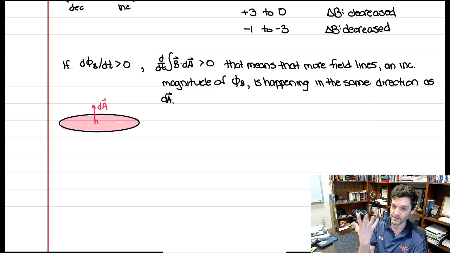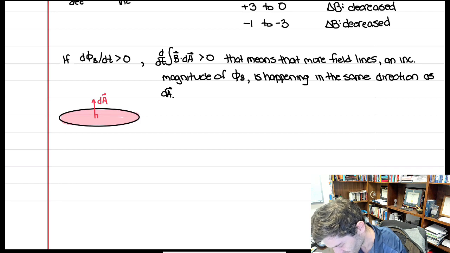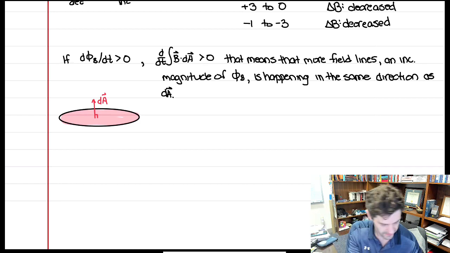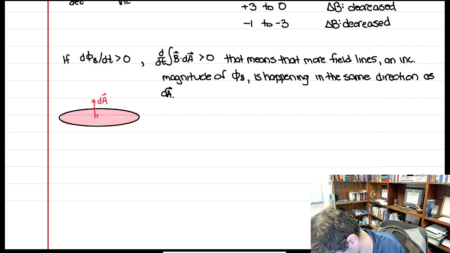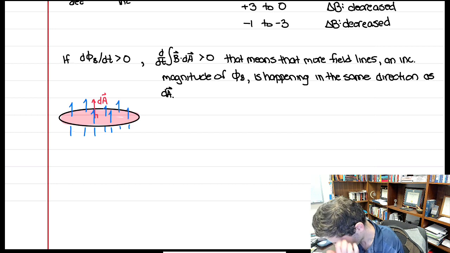I'm making a choice that it's going to point up. Then I have a magnetic field that is pointing closer to parallel, so actually we can even just make it parallel, since I'm just using this as an illustrative example. So I have a field that is going up in the same direction as dA.